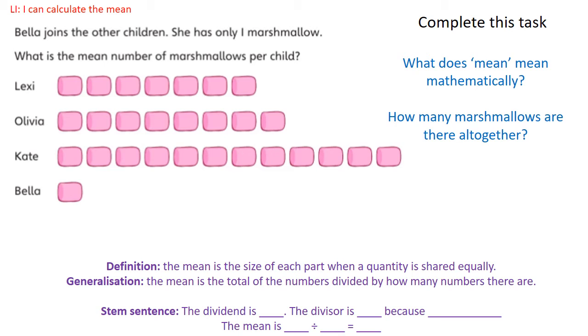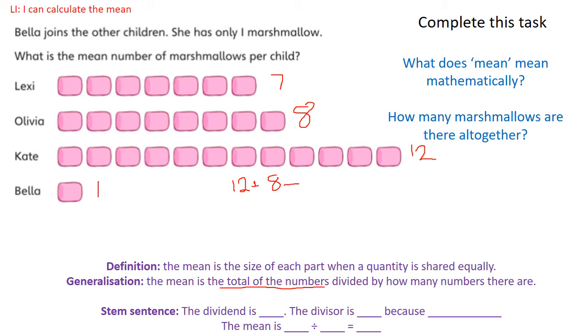So let's see if we can work this out. So Lexi has 7 marshmallows. Olivia has 8. Kate has 12. And Bella only has 1. So remember, the mean is the total of the numbers. So the first thing I'm going to need to do is add all those up. So 12 plus 8.